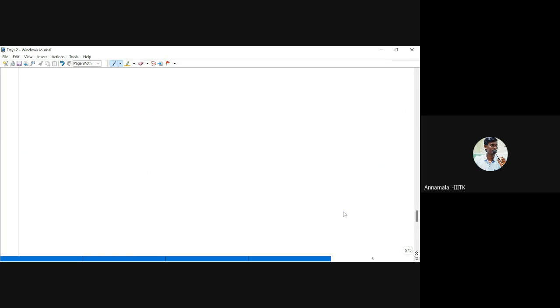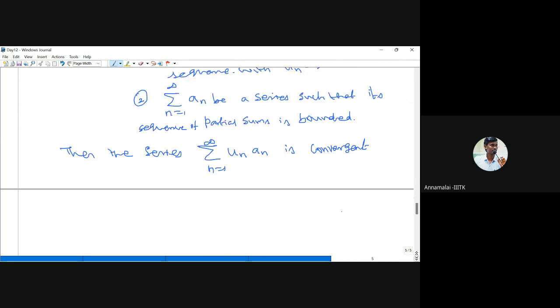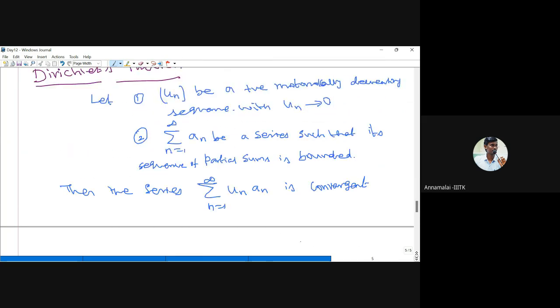Now another theorem, actually Abel's theorem, we have obtained from this theorem. In Dirichlet's theorem, we are not assuming that the given series an is convergent, just that the partial sum is bounded.